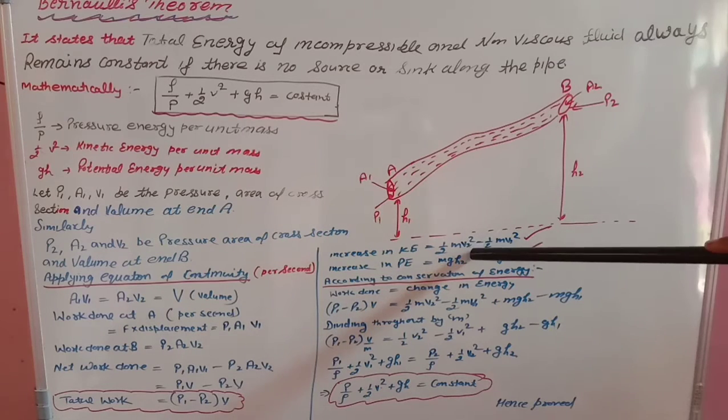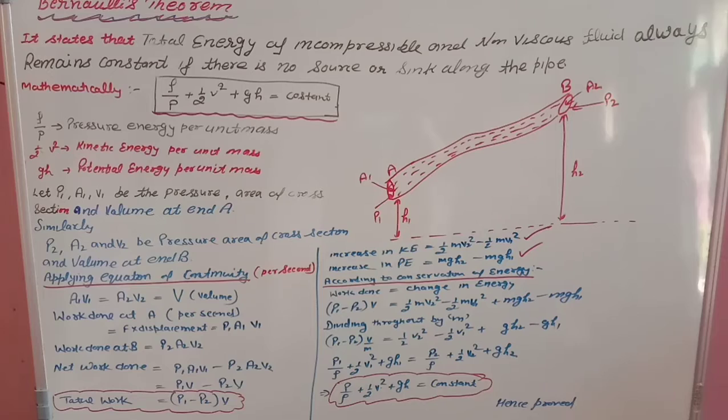So that's why greater velocity minus lower velocity. Okay, so half m v2 square minus half m v1 square. This is the increase in kinetic energy, meaning the velocity at the end point minus the velocity at the initial point. How much is the increase in potential energy?